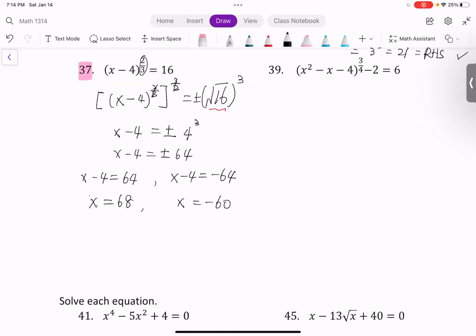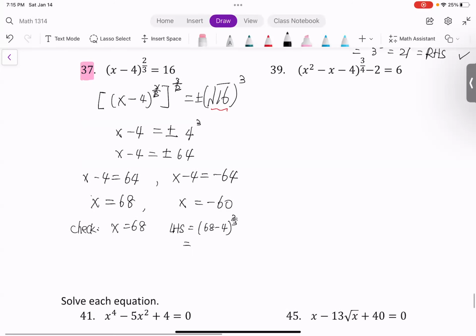Then you can also check your solutions to see if they are all real solutions for the equation. So let's check. If x equals 68, the left-hand side equals 68 minus 4 raised to the 2/3.